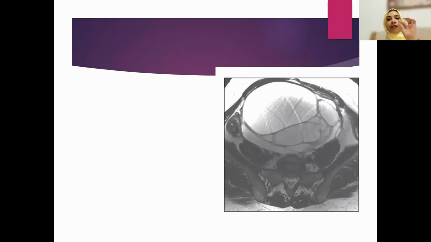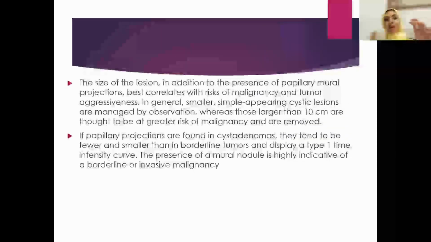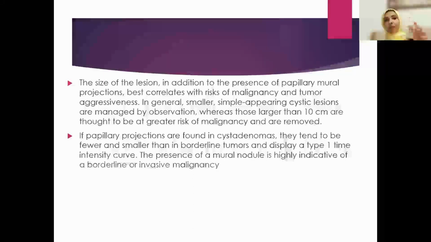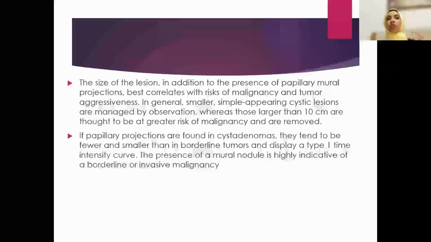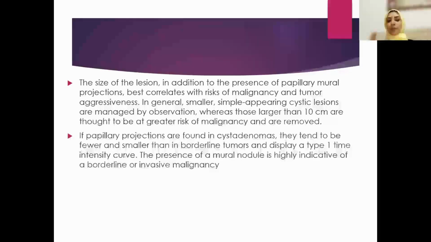Here, look at the septal thickening and look at any papillary projection or enhancement pattern, because here we need to stop and raise our awareness about when to call a lesion suspicious.